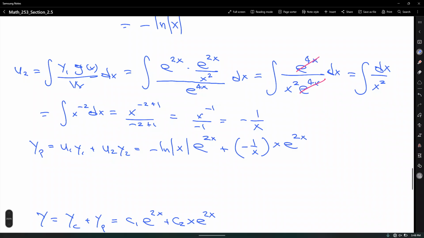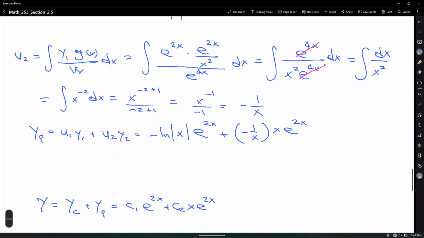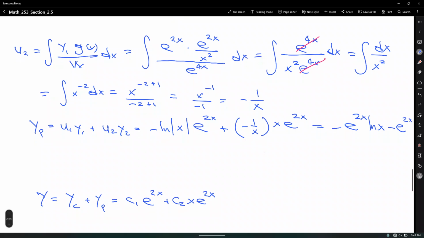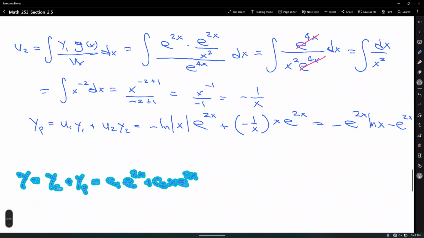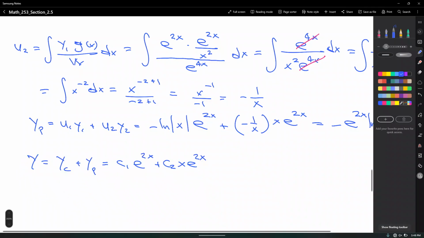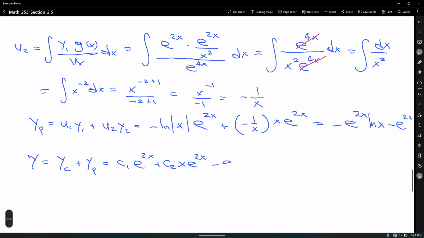We need some simplifications with the x's here. Also, I'd like to write negative e to the 2x ln x, or actually minus e to the 2x. And finally, we may bring all this madness together to join the party with the general solution. So minus e to the 2x ln x minus e to the 2x.